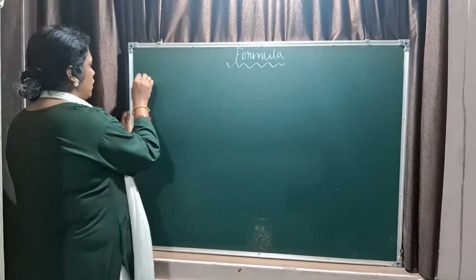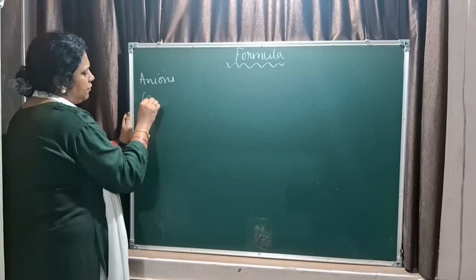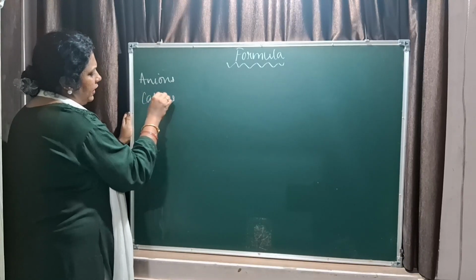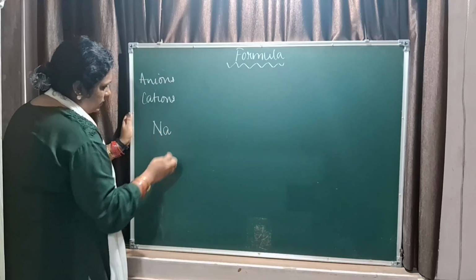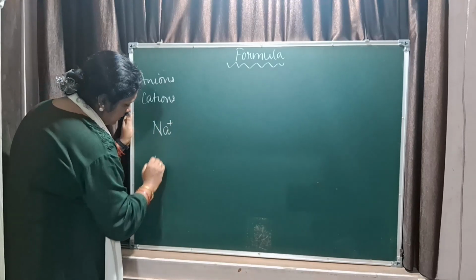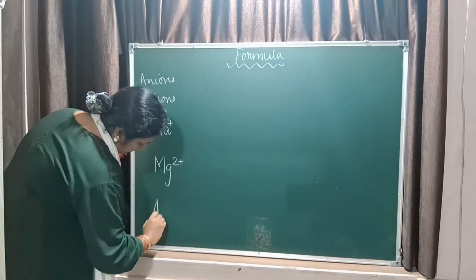We'll have a list of anions and a list of cations. Cations I'll take three so that you'll have no issues of valency: sodium, magnesium and aluminium.